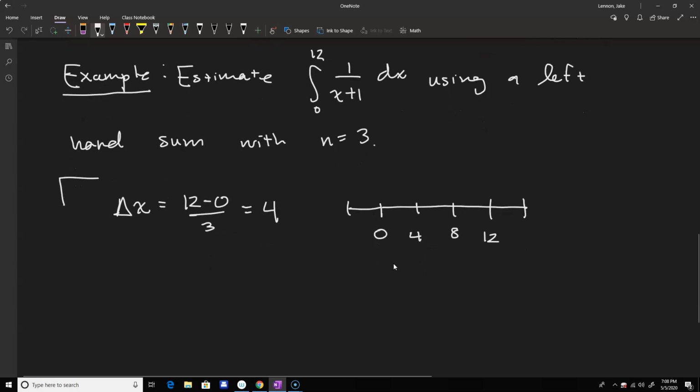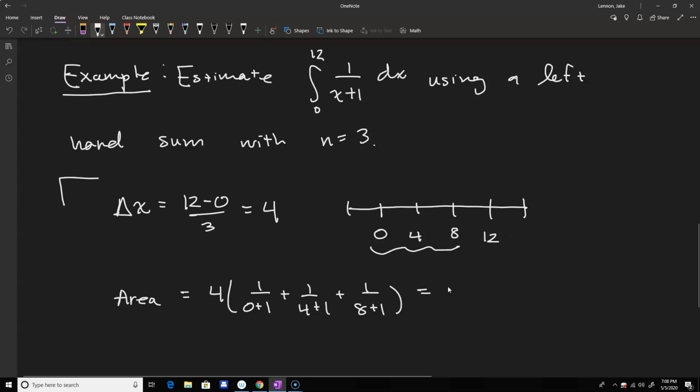So the left-hand sum approximation of the area is going to be that width value of 4, and then we plug in each of the 3 leftmost points, 0, 4, and 8. So we're going to get 1 over 0 plus 1, plus 1 over 4 plus 1, plus 1 over 8 plus 1.